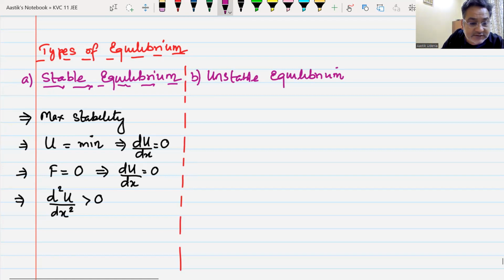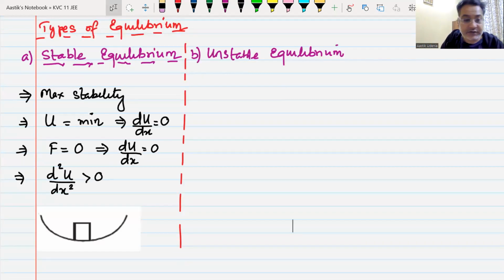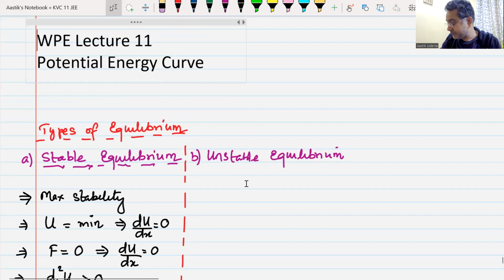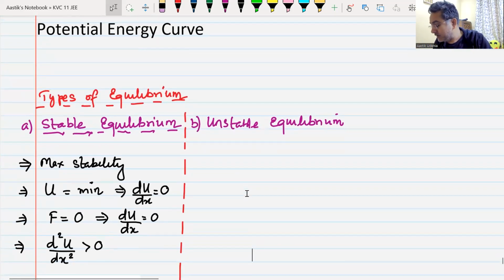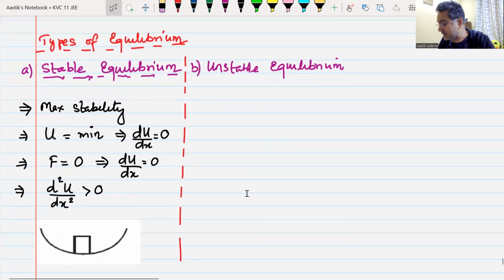If the body is in a valley, potential energy is minimum, and this is the condition of stable equilibrium.